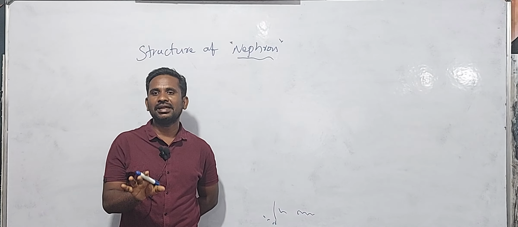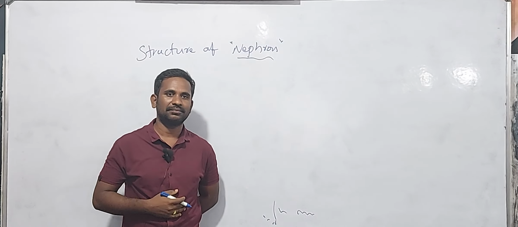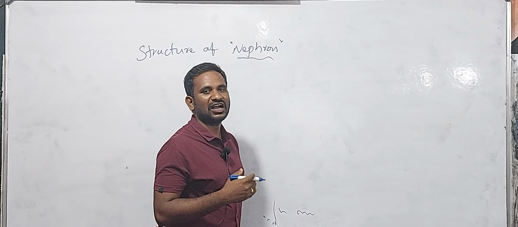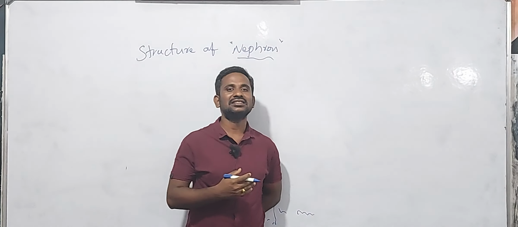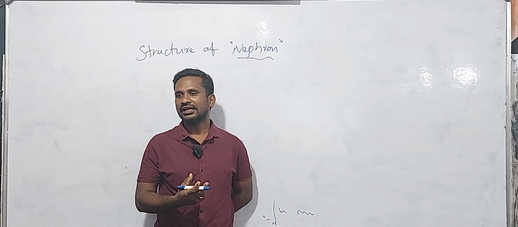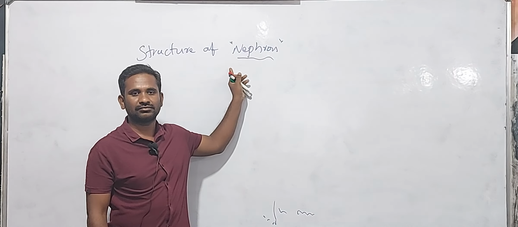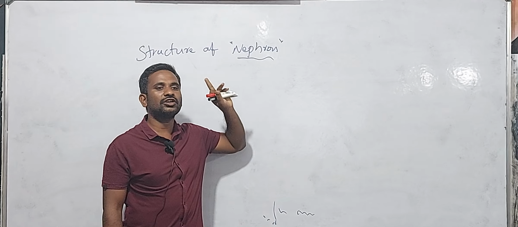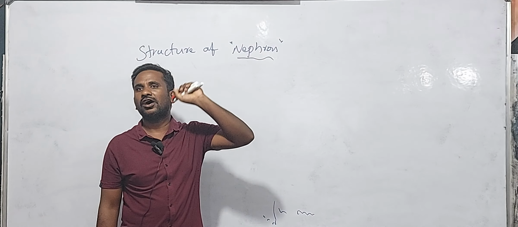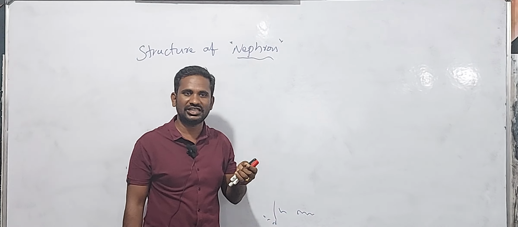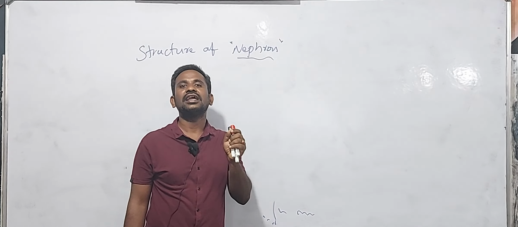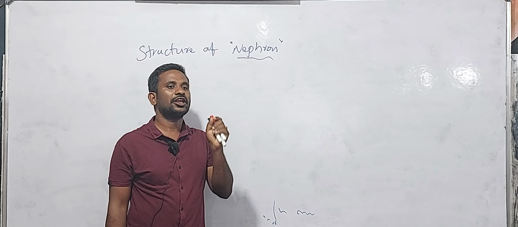This is the fundamental unit of our kidney, because the function of the kidney, that is, urine formation, takes place in these nephrons. Before discussing urine formation, we want to discuss the structure of the nephron.